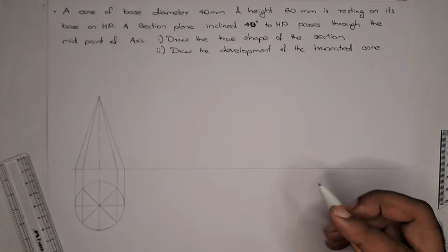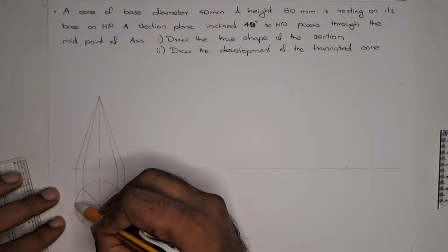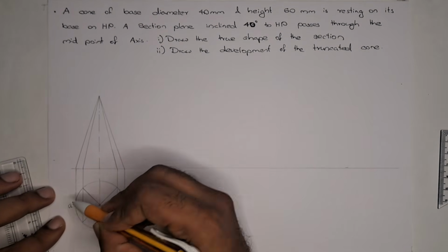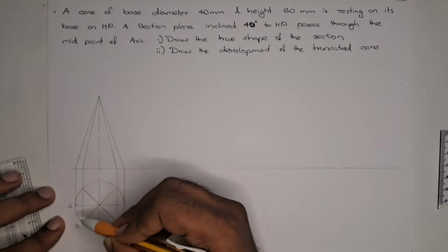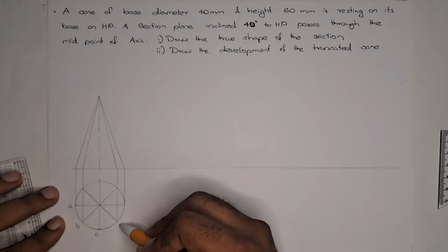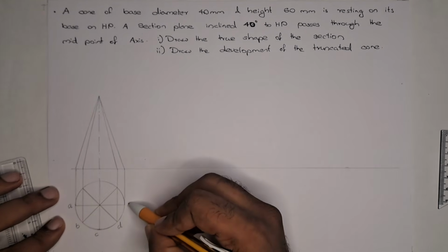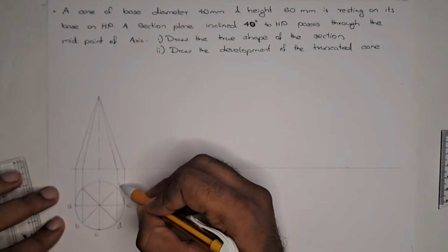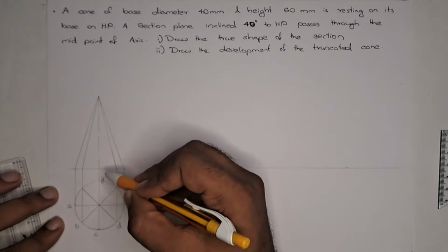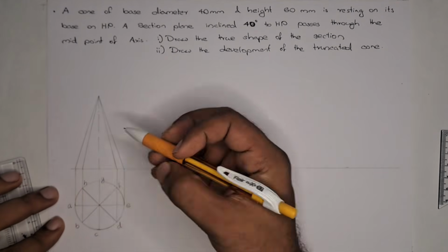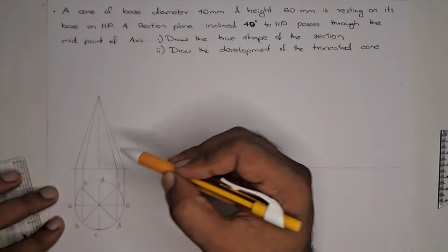Now we can name it. So here this is A, B, C, D, E, F, G, H. On the top view, we mark the generators.